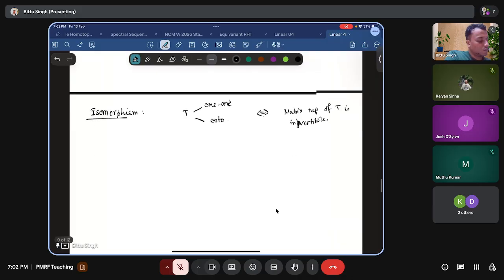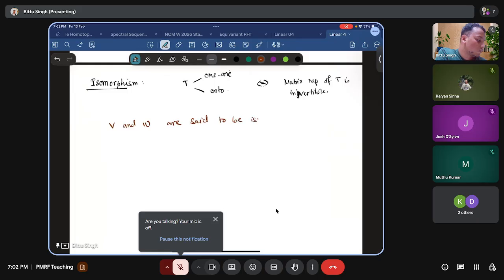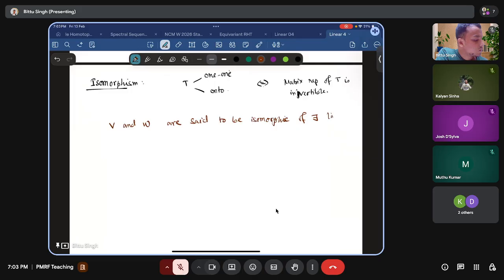Okay. So let us try to see if two vector spaces are isomorphic or not. V and W are said to be isomorphic if there exists a linear transformation T mapping V to W which is an isomorphism.